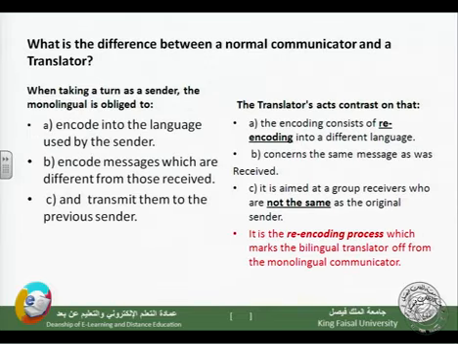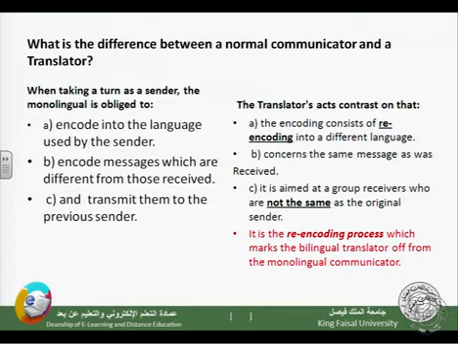Now, this point I'm going to talk about will tell us the difference between a normal communicator and a translator. A normal communicator means a monolingual. A monolingual means a person who does not know another language. This is what a monolingual means.